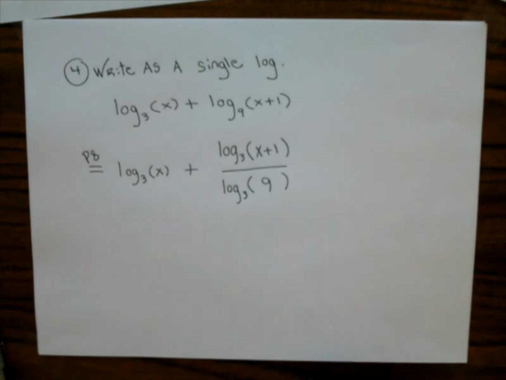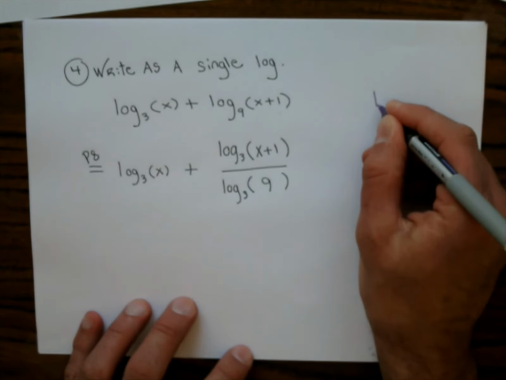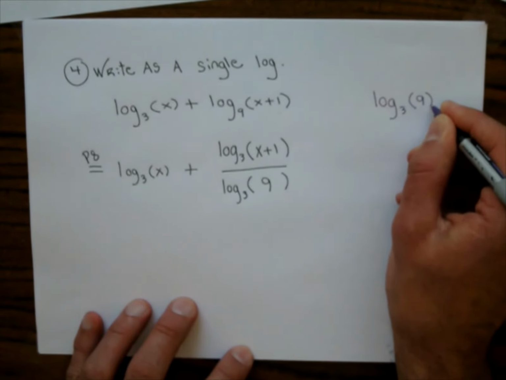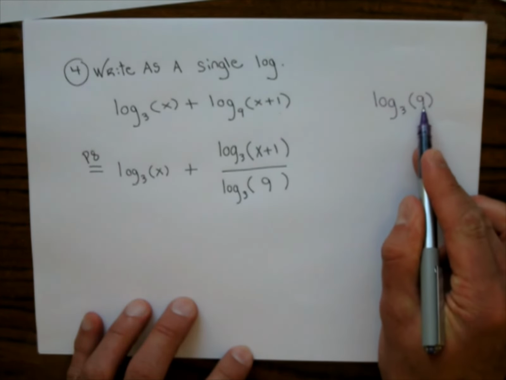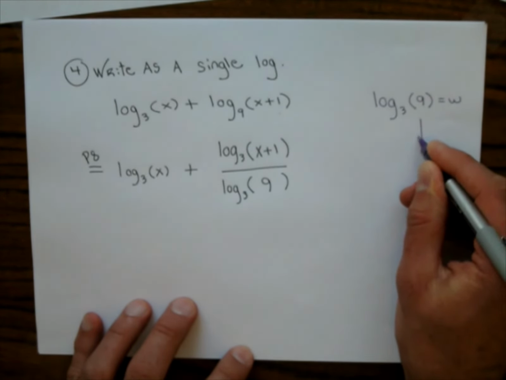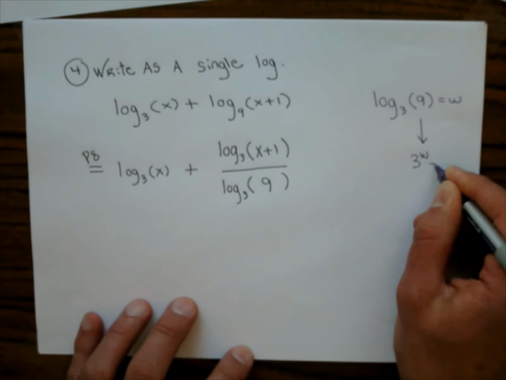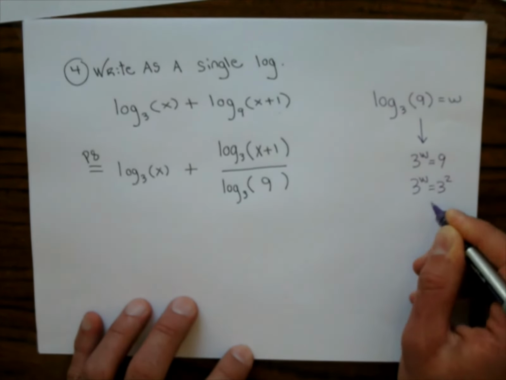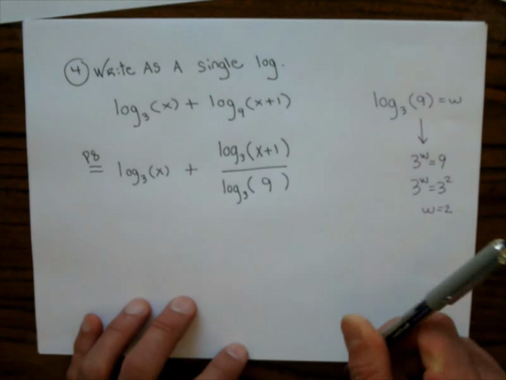Now log base 3 of 9. Hopefully you're already learning how to do these quickly. 3 to what power gives you 9? But if not, you can always set it equal to W and do this. And say, oh, common base is 3, W equals 2.